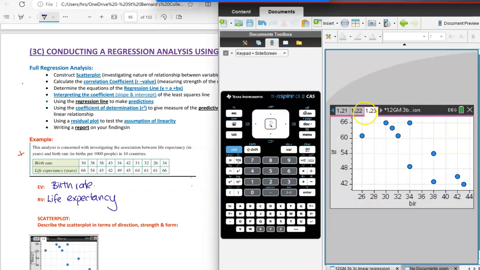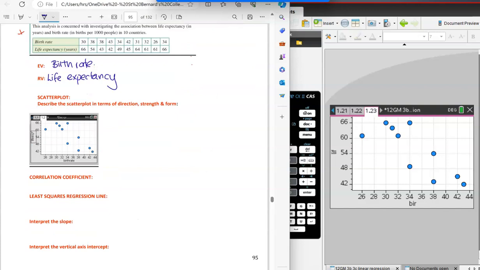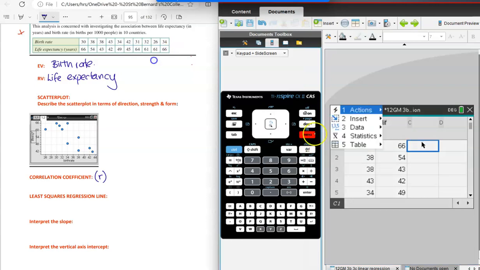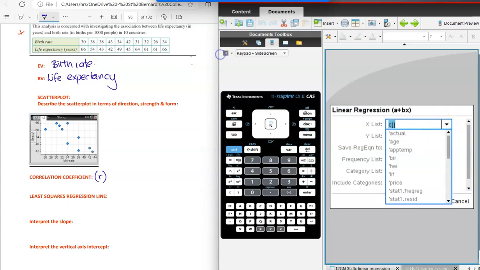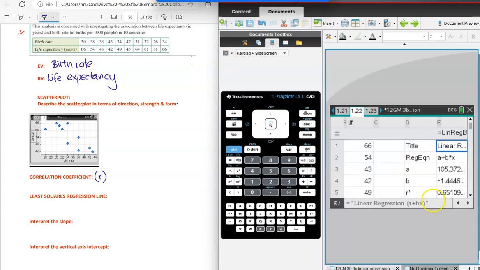So we've done the scatter plot. Now it's asking me to find the correlation coefficient, which is R. So back on the list, I'm going to go menu, stat calculation, A plus BX. Birth rate was the EV. Life was the RV. Click OK.